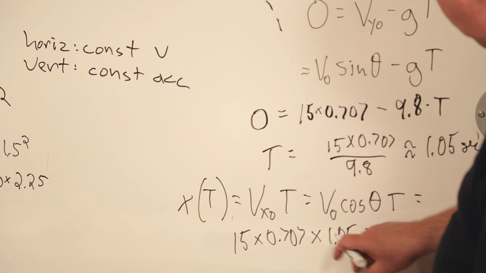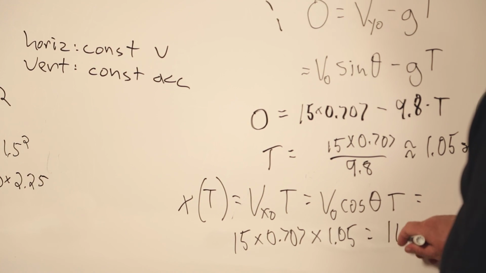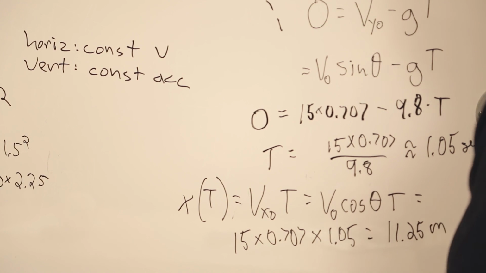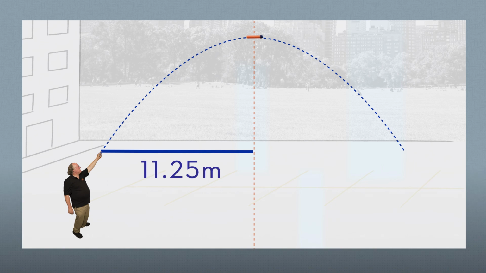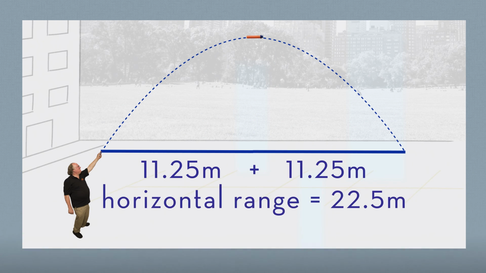And that's 11.25 meters. That's half the total range. So the real range, the complete range, is 22.5 meters. That's again a reasonable number for a Nerf gun.